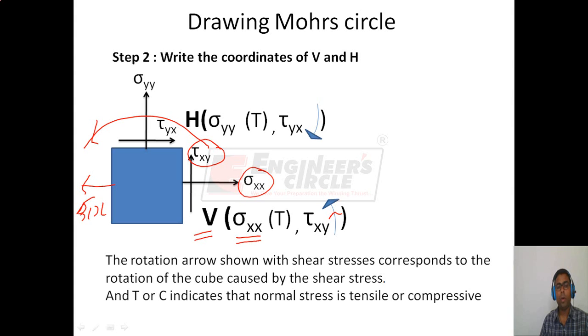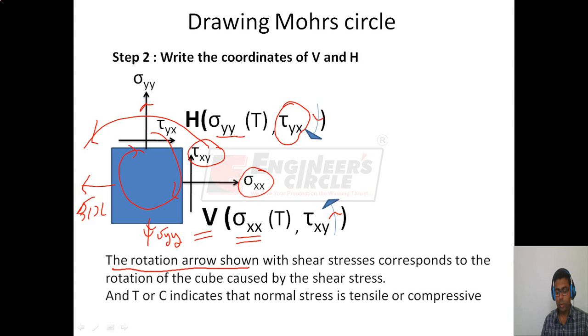The coordinates of the horizontal plane H can be written as normal stress sigma yy. Again, sigma yy is tensile, so we mention T, and the y coordinate is tau yx, the shear stress, and this tau yx is trying to rotate the element in the clockwise direction. Therefore, we mark a clockwise arrow with the shear stress tau yx.